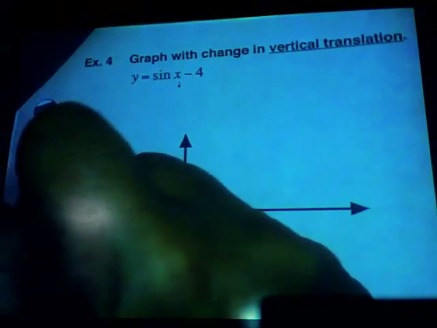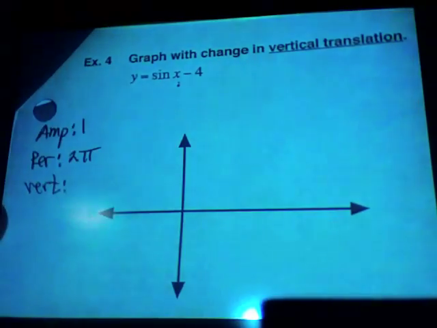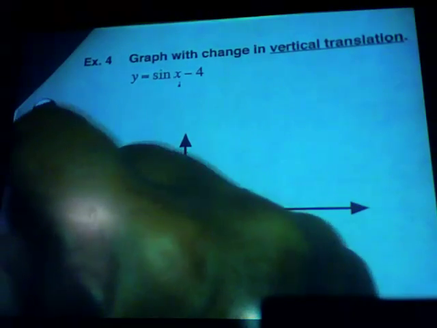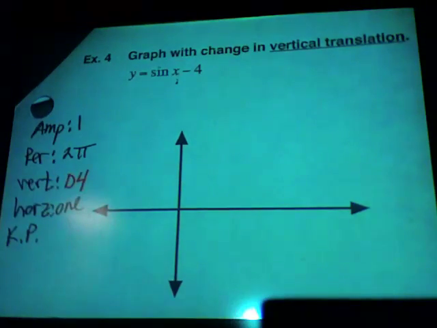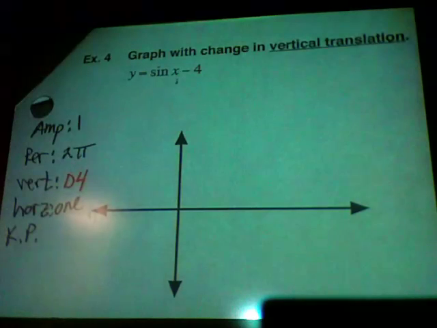Vertical. What did we just say? Down 4, right? Horizontal? None. And our key points. Have those changed? Since there's no horizontal shift, the key points are the same. That's the nice thing, as far as the x value.